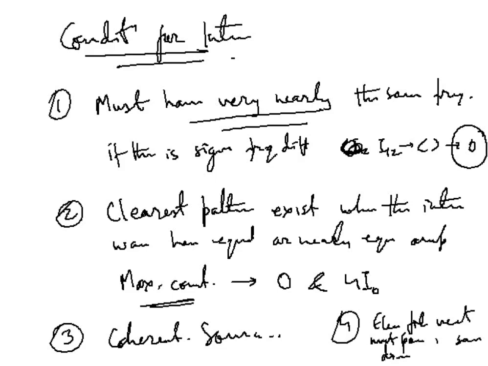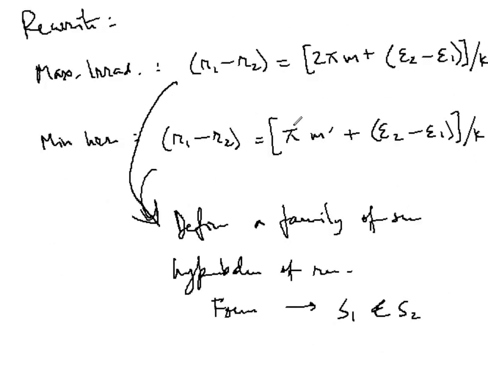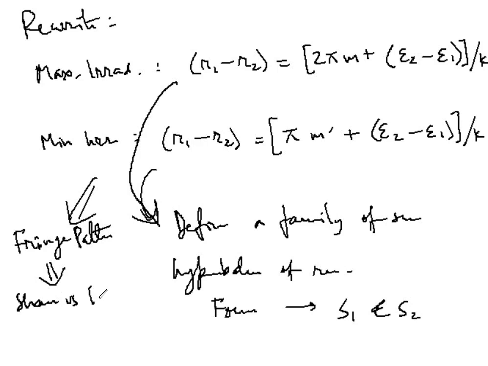Okay, so basically a hyperboloid of surfaces. So this is your fringe pattern. And what is the fringe pattern? The fringe pattern is basically showing us the redistribution of energy.